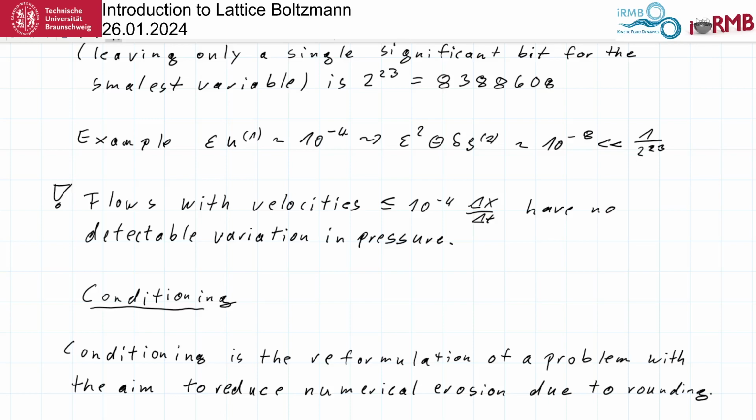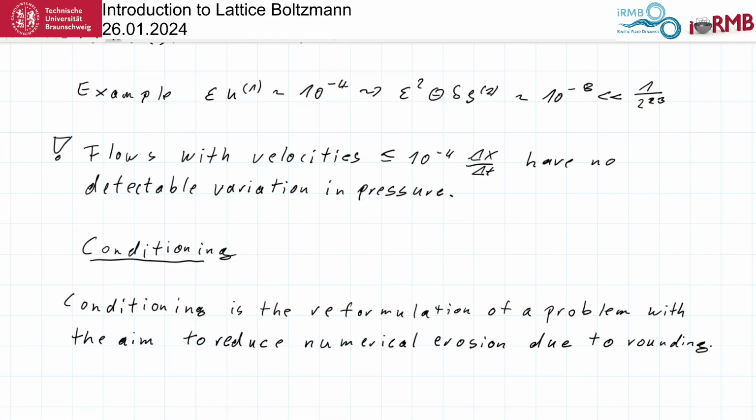So there are many things that we can do. Just what I've been saying here: if we say something is poorly conditioned, then it's in a format that promotes round-off error, so to speak.